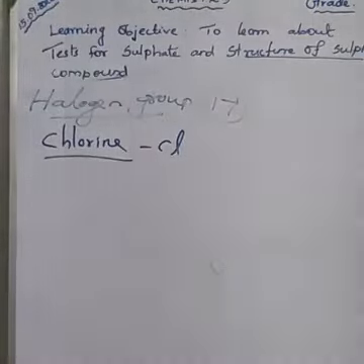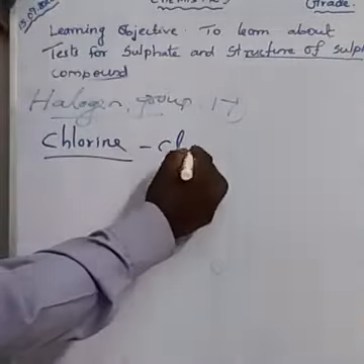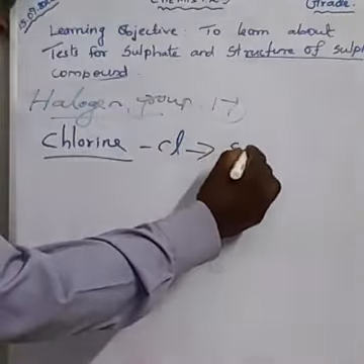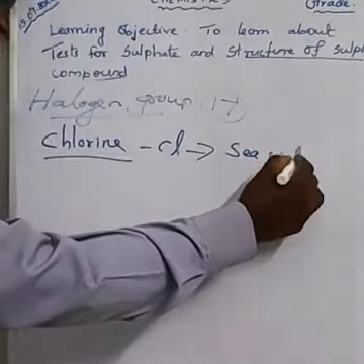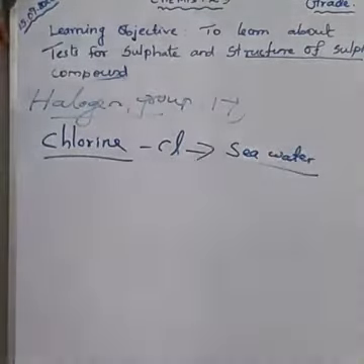The main source of fluorine is fluorospar or fluorite. The main source of chlorine, which is very important, is mostly seawater.